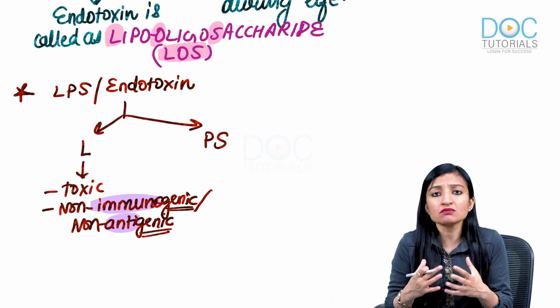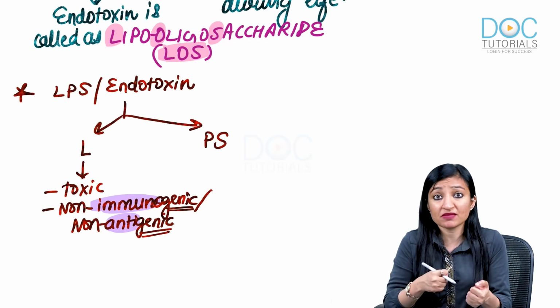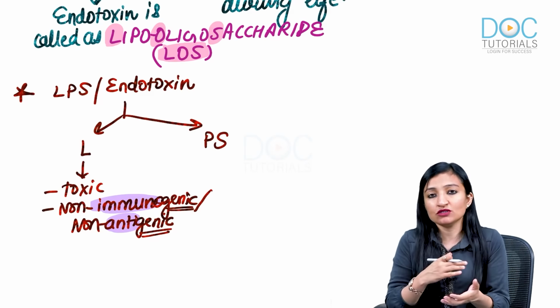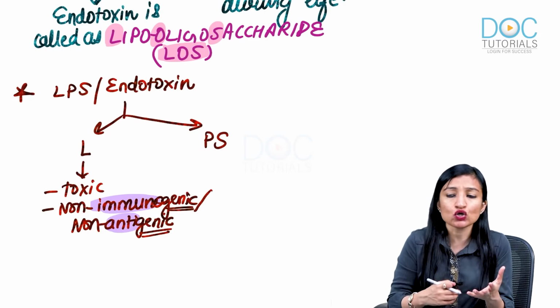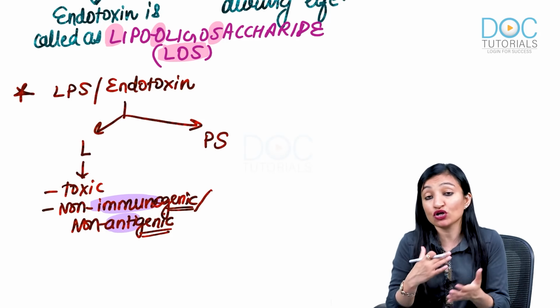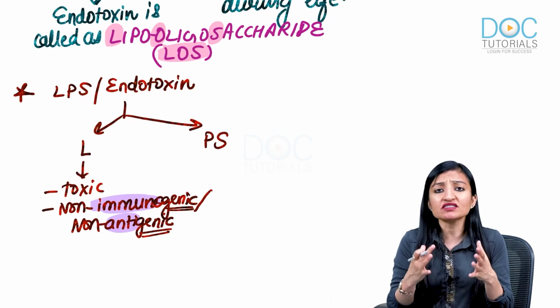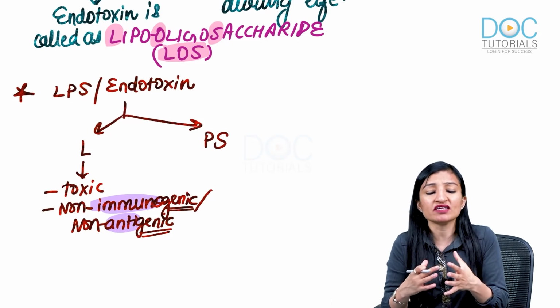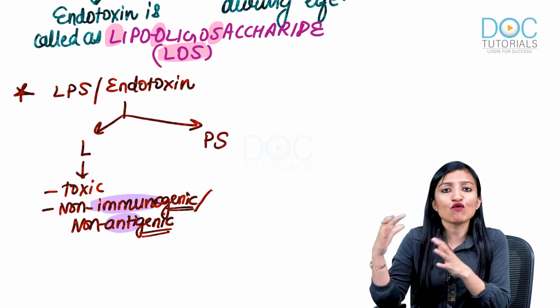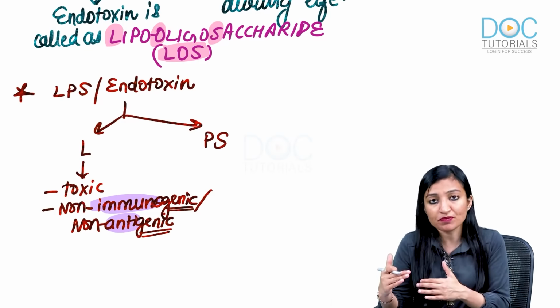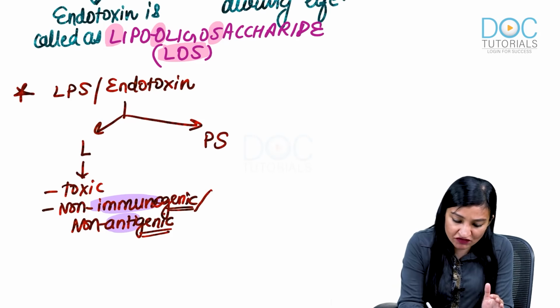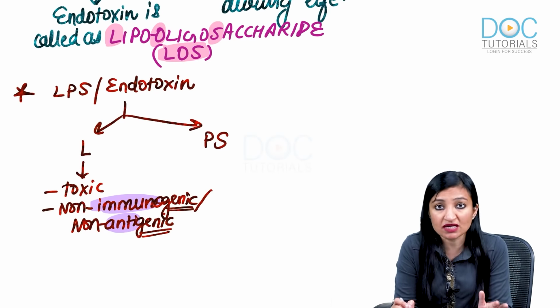Our immune system will get up and do some work in the form of production of antibodies or activation of some immunologically competent cells whenever there is invasion in the body, whenever some foreign substance or foreign organism invades the body. So LPS we are saying is the toxic part.